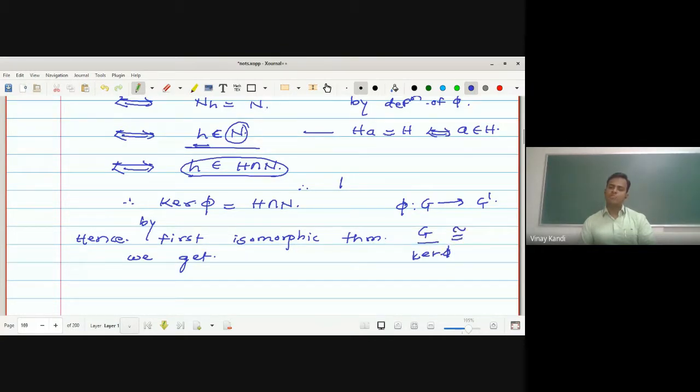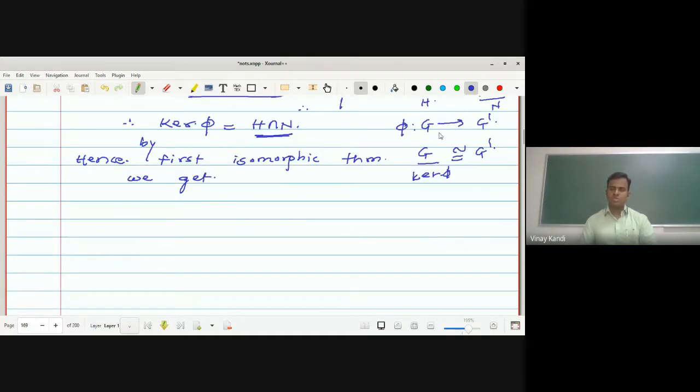Here, instead of G we have H, and instead of G dash we have HN upon N, and kernel of phi is H intersection N. So H upon kernel of phi is isomorphic to HN upon N. So H divided by H intersection N is isomorphic to HN upon N. Hence the proof. Any doubts up to here?